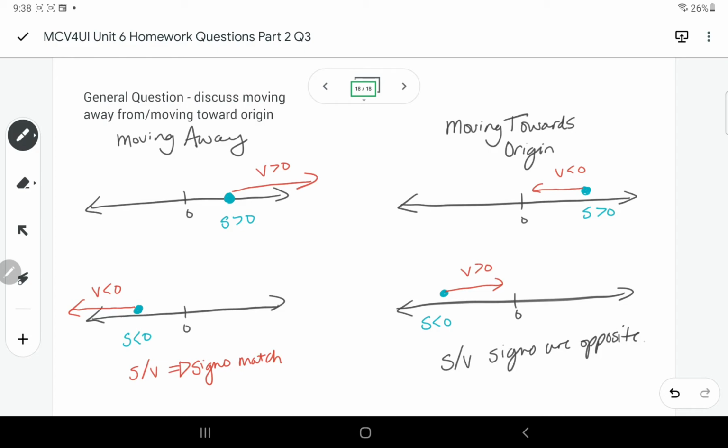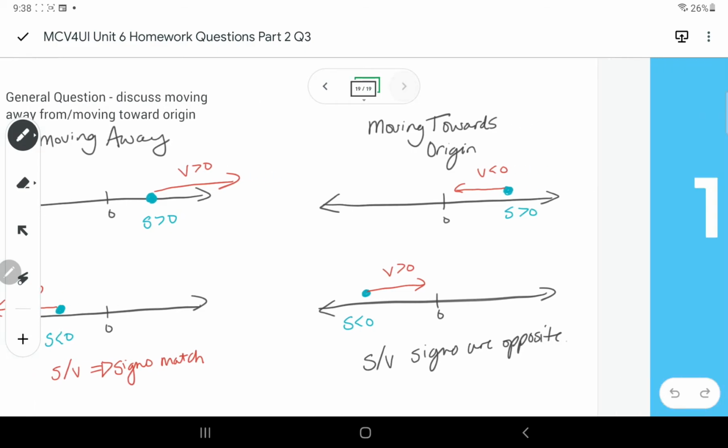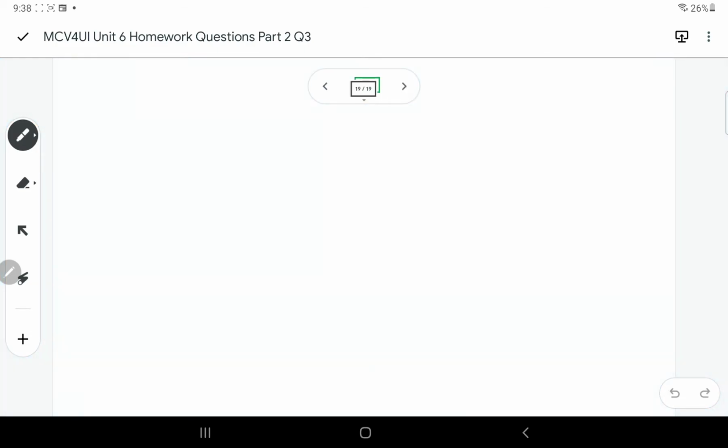And you may have to show that a number of different ways. For instance, let's say a function, you were given S at t is, I don't know, x squared plus 4x minus 10. And then you can find your velocity, that this would be 2x plus 4. So let's say at t equals 1, is it moving away from or towards the origin?